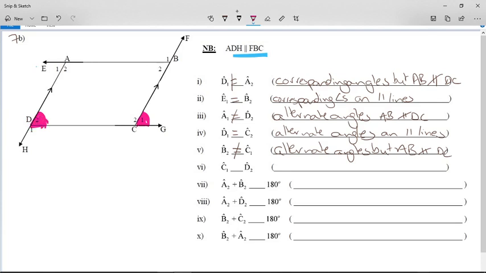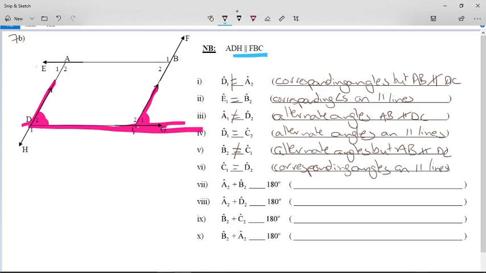These two are on the same side of my transversal, and I can see a nice F lying on its back over here. So these are corresponding angles. Are they on parallel lines? Yes, they are on parallel lines, so these two are going to be equal.